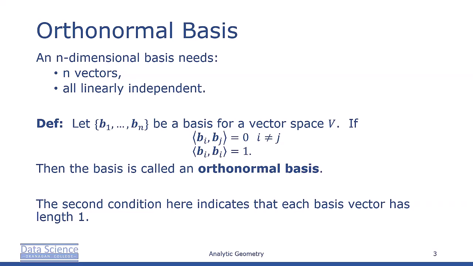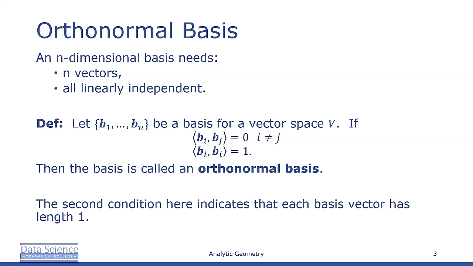In this video, we're going to discuss the special case where the basis vectors are orthogonal to each other and where the length of each basis vector is 1. We call this special case an orthonormal basis.